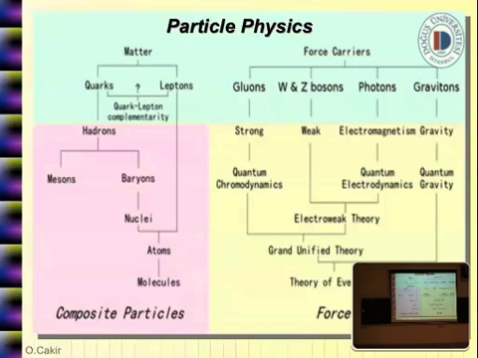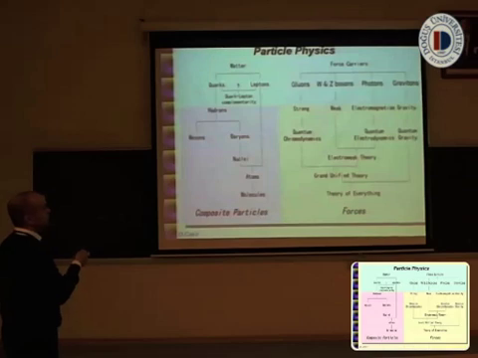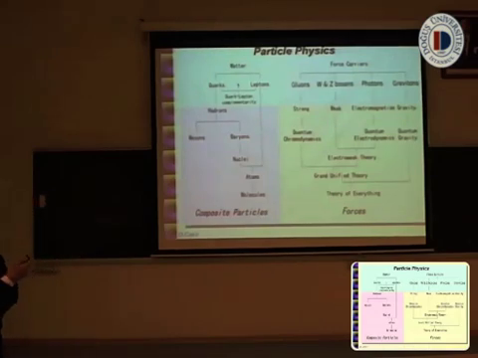If you group matter and forces in particle physics, the ingredients for matter are quarks and leptons, because they are fundamental at these energy scales. Quarks combine to form hadrons. Hadrons means mesons and baryons.